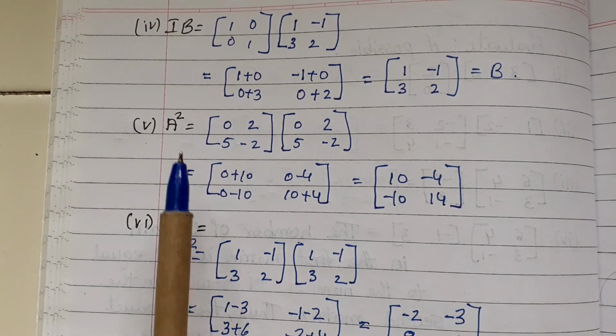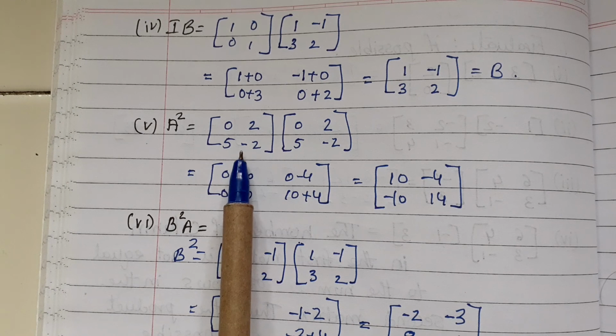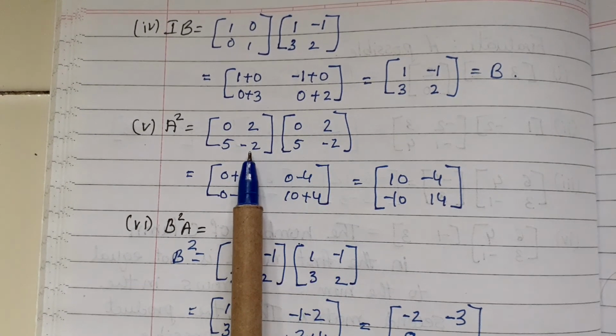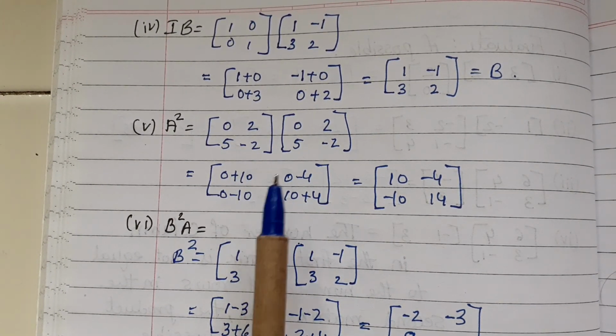Fifth part, A square. So A into A, write the matrix and then do the multiplication.